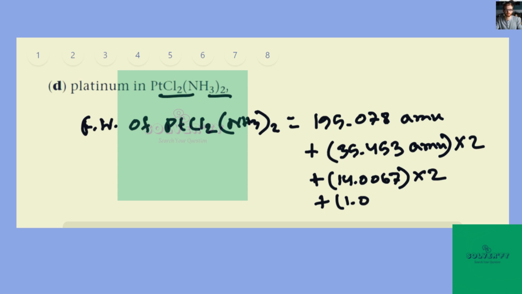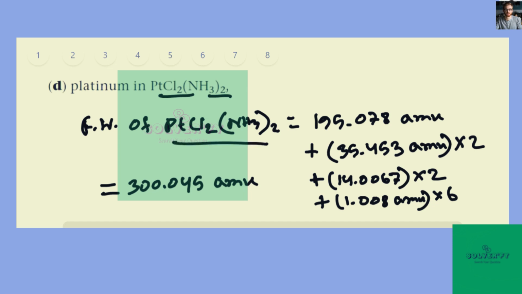That means we put hydrogen's atomic weight, which is 1.008 AMU, multiplied by 6, and this will give us a value of 300.045 atomic mass unit. So this is the formula weight of PtCl2(NH3)2.